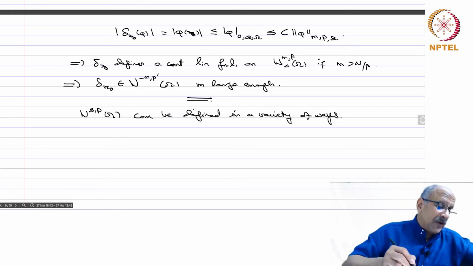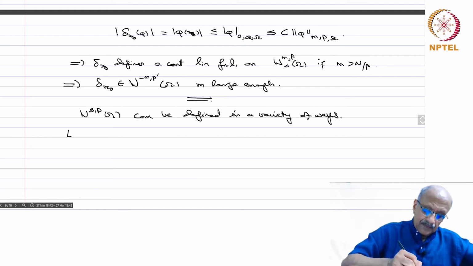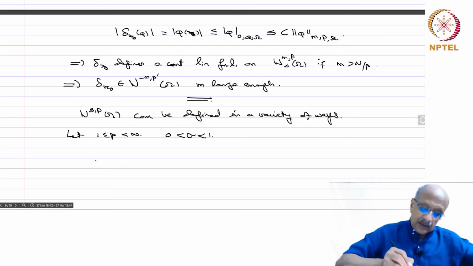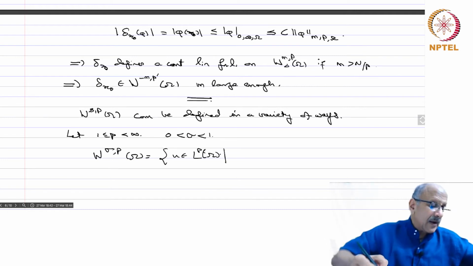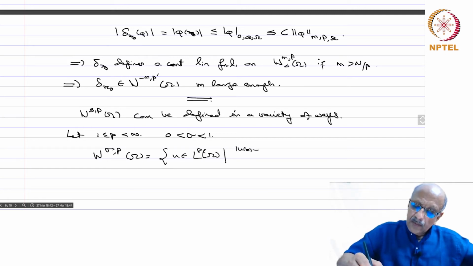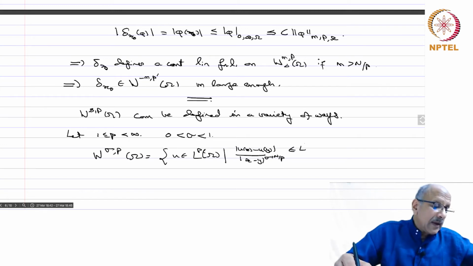Okay, so one way of defining it is the following. Let 1 less than or equal to p less than infinity, and you take 0 less than sigma less than 1. Then you define W^{σ,p}(Ω) equals the set of all u in L^p(Ω) such that |u(x) - u(y)| / |x - y|^{σ + n/p} belongs to L^p(Ω × Ω).